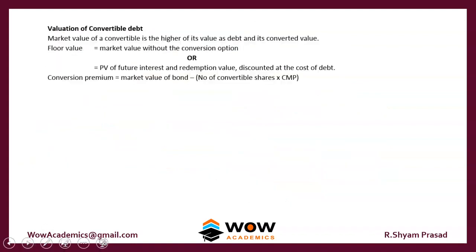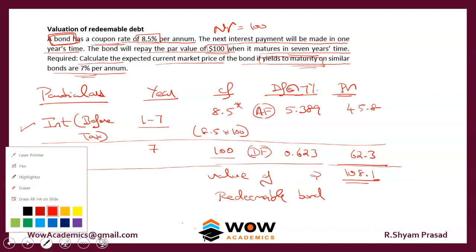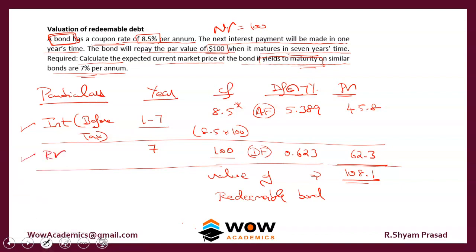We'll move on now to the valuation of convertible debt. Convertible debt is very similar to redeemable debt. The only difference is the conversion option. If you take the previous sum, the redeemable debt, the only value that will change in the convertible debt is this value.